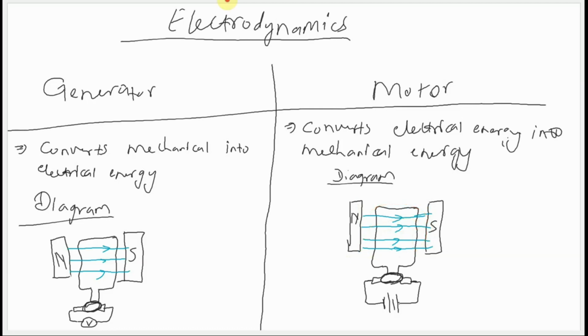That is why we have mechanical energy. So we are creating a force that will make this loop rotate. When we talk about the motor effect, it means that we have to produce some force on this loop of a wire.